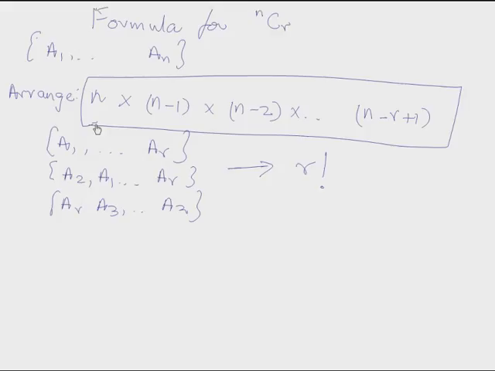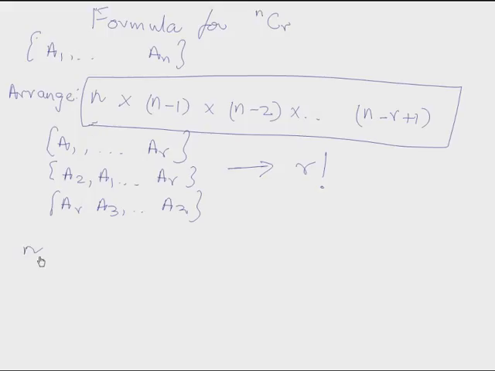There are r factorial other arrangements that compress to another selection, and so on. So I can divide up this huge number of arrangements into groups of r factorials, each of which converge to one single selection. Therefore, I now have the answer I'm looking for.